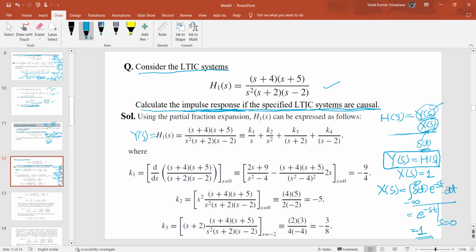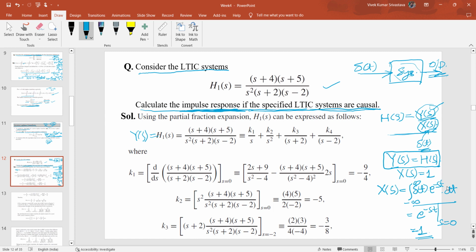Here we have to obtain the impulse response. Basically, what is an impulse response? It is defined for a system once we provide an impulse as input; the response we get at the output defines the impulse response.